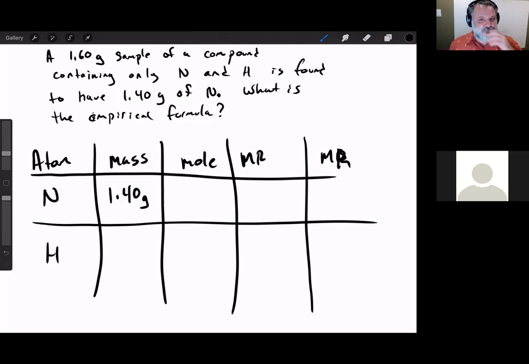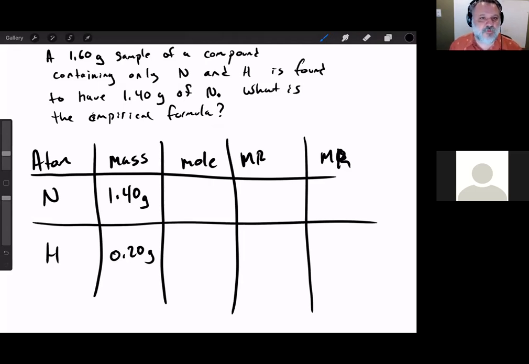And so you have to subtract the mass of the nitrogen from the total mass of the sample, because telling you that it only has nitrogen and hydrogen means when you do that subtraction, the only thing you're left with is the mass of the hydrogen. So you do have to do a subtraction, but it's not from 100. You have to do it from the mass of the sample.